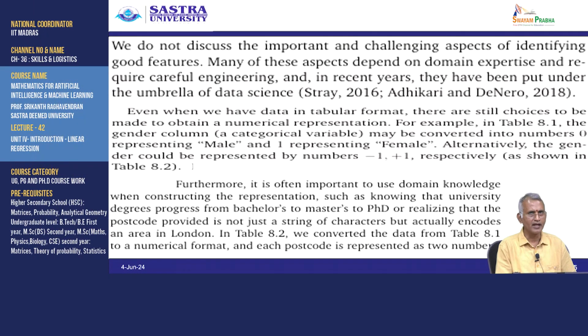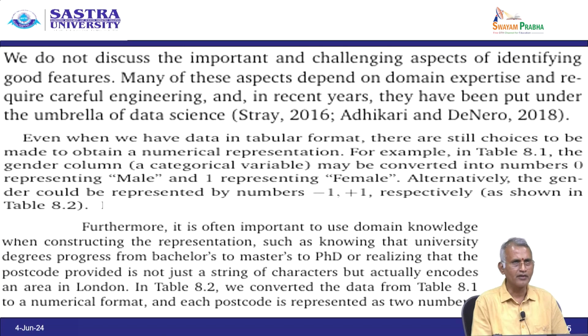Even when we have data in tabular format, there are still choices to be made to obtain the numerical representation. For example, in Table 8.1 the gender column, a categorical variable, may be converted into numbers, 0 representing male and 1 representing female. Alternatively, gender could be represented by the numbers -1 and +1 respectively, as shown in Table 8.2.